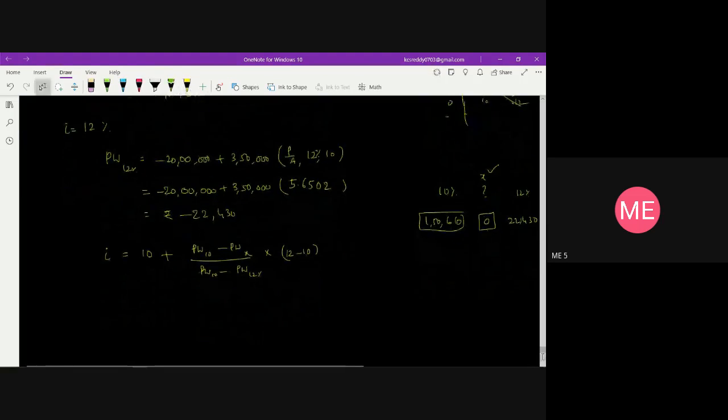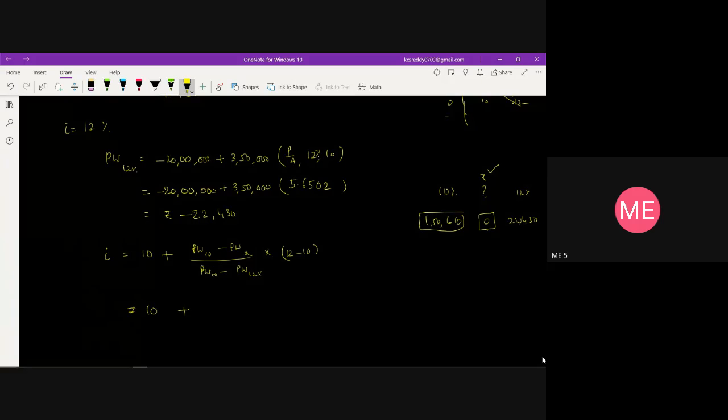So here, 10% plus PW10, the present worth at 10%, which is 1,50,610, minus the present worth at x. The present worth at x is equal to 0, because we need to find out the rate of return at which the present worth is 0.